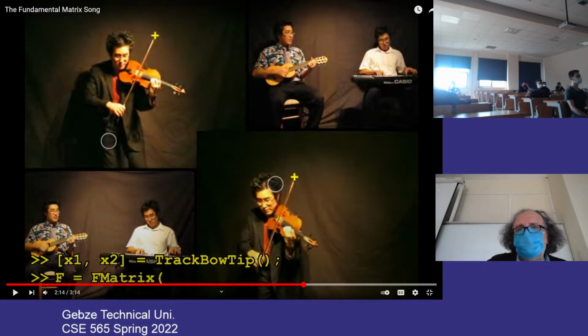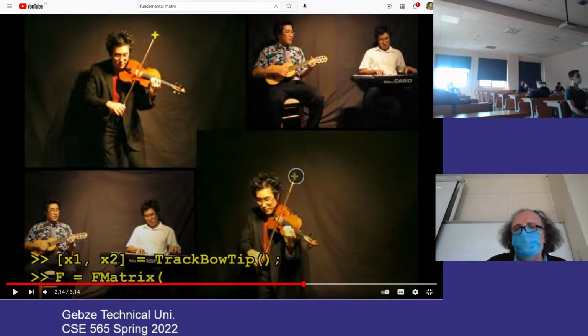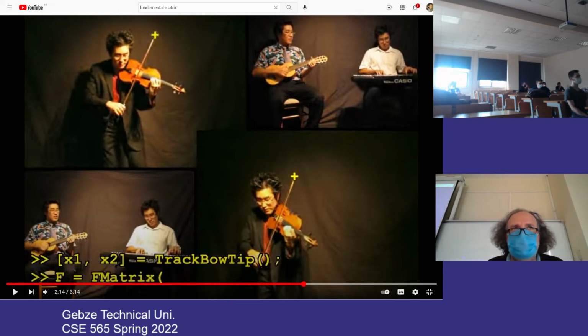These are two different images, you see that, right? So this is a stereo pair. He is tracking the tip of the bow, the violin bow, okay? He has X and Y coordinates for this bow, and he's going to calculate.